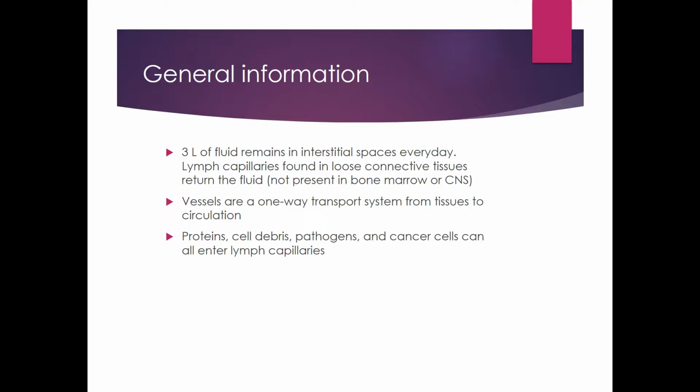Notice there are no lymphatics present in bone marrow or the central nervous system, and I'll go ahead and address that right now. In bone marrow, we don't need lymphatics because we don't want to be taking diseases to our bone marrow.